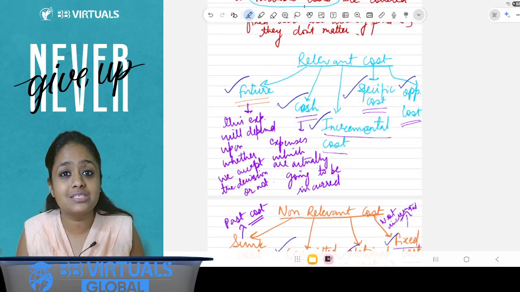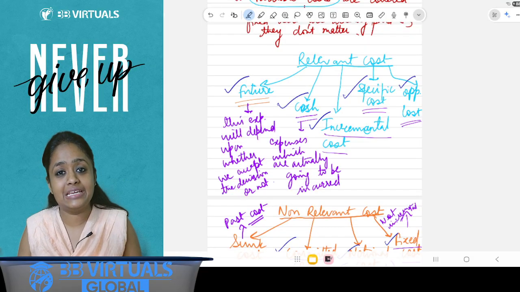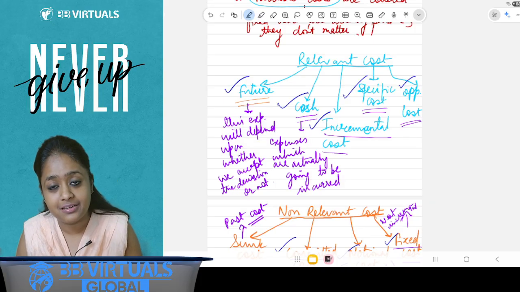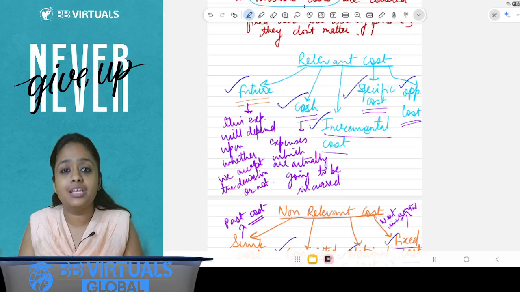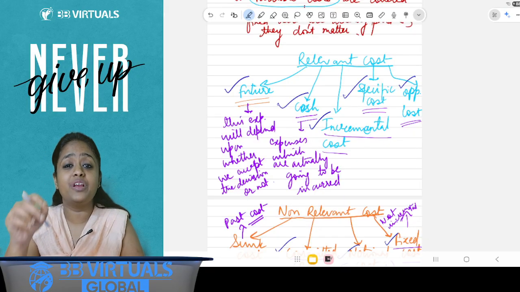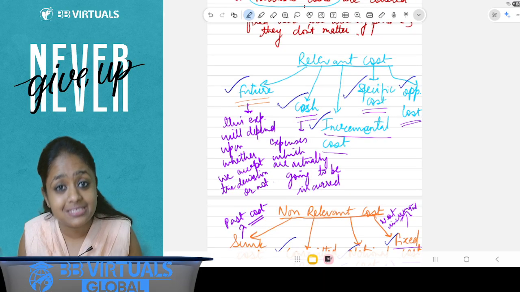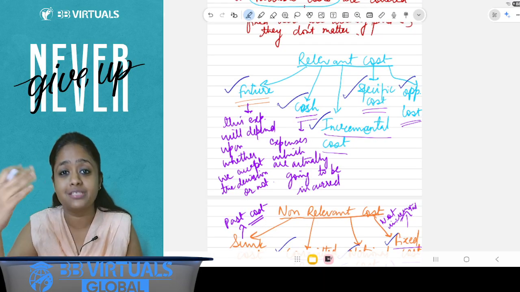So relevant costing is only about considering the expenses that meet these criteria. That is, they are future oriented, they are incremental, additional expenses, they are specific expenses. Let's see, specific to the decision that you are taking, specific to the product to which it is concerning. In my example, it was a car.